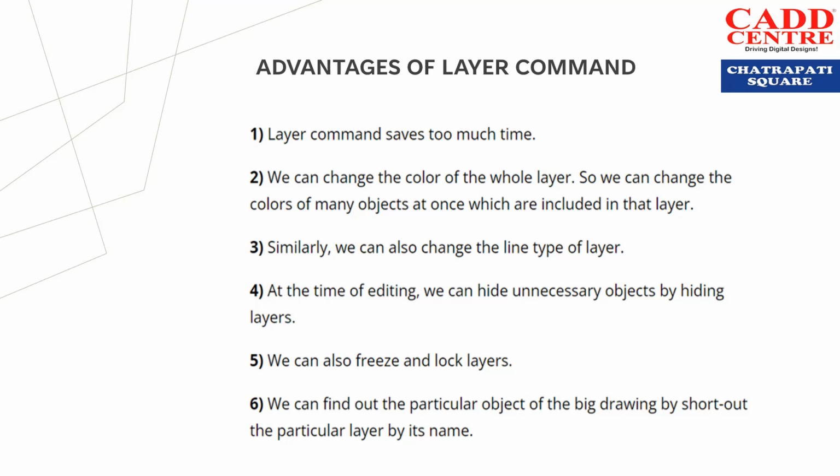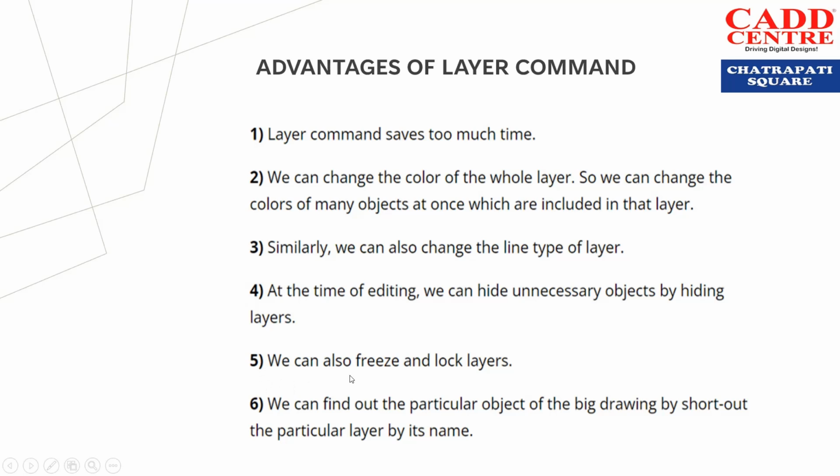Now, here are some advantages of this command. The layer command saves too much time. We can change the color of a whole layer, so we can change the color of many objects at once which are included in that layer. Similarly, we can also change the line type of a layer. And the fourth one is, at the time of editing, we can hide unnecessary objects by hiding layers.